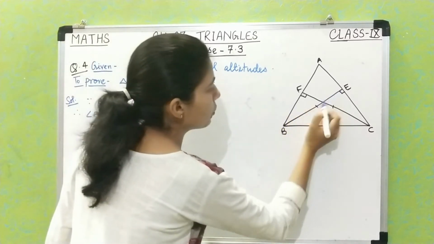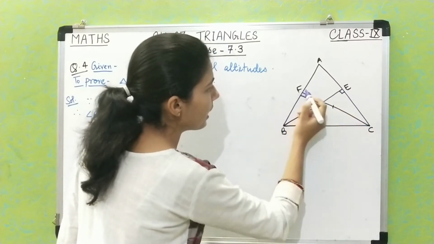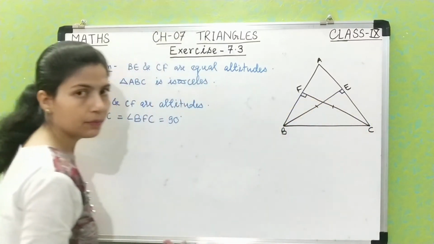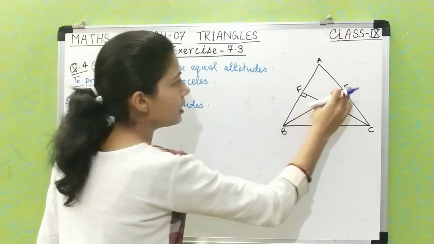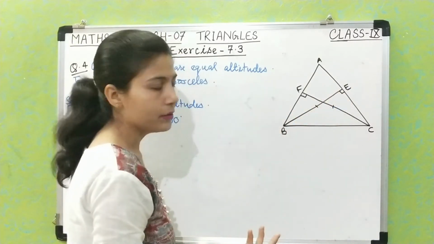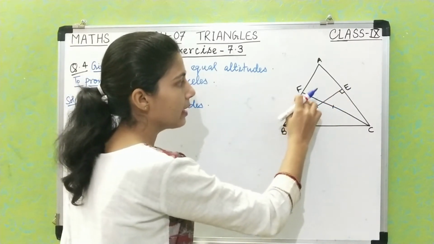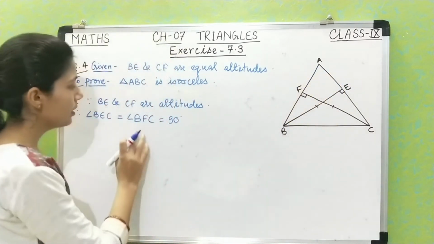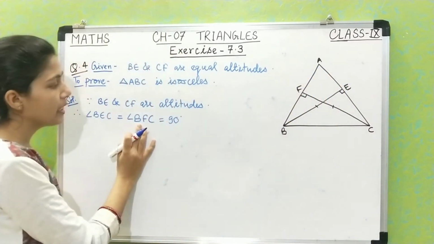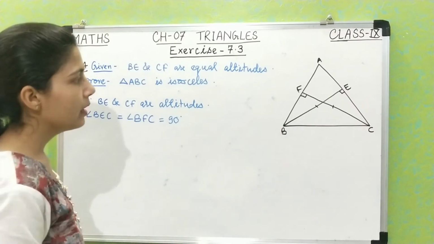Okay, these two angles BEC and BFC will be 90 degrees because BE and CF are the altitudes, so they will make a 90 degree angle with the given side. Okay, so BEC equals BFC equals 90 degrees.